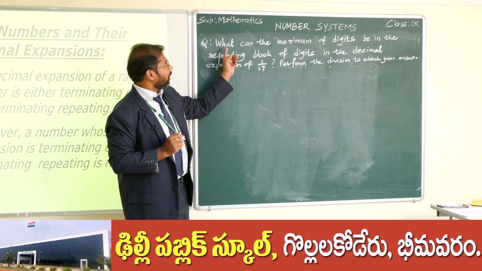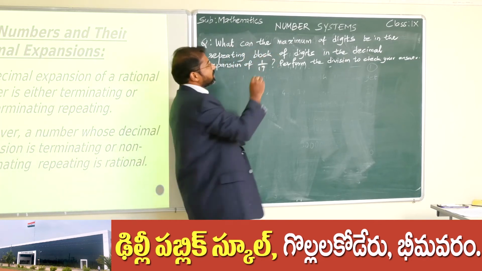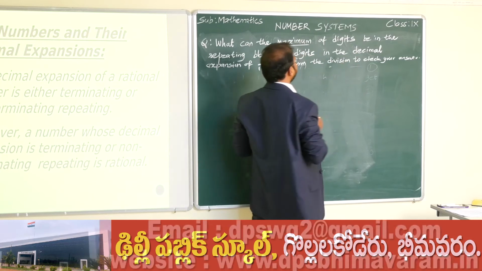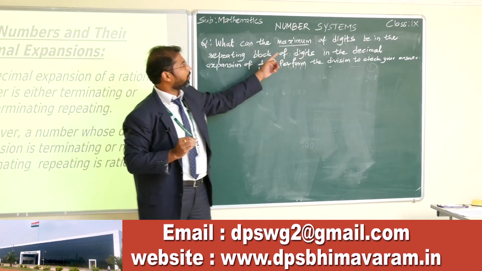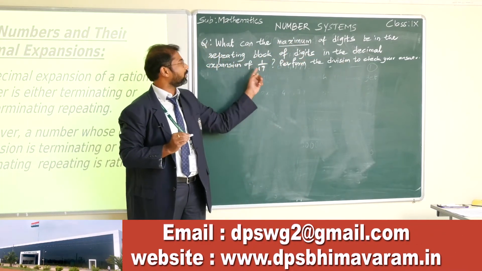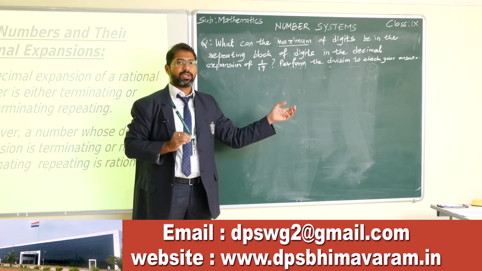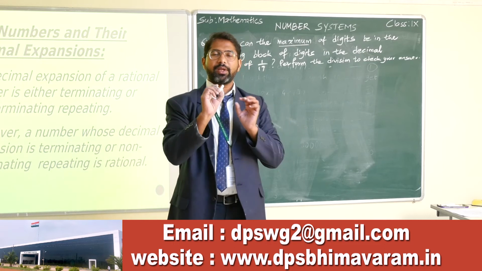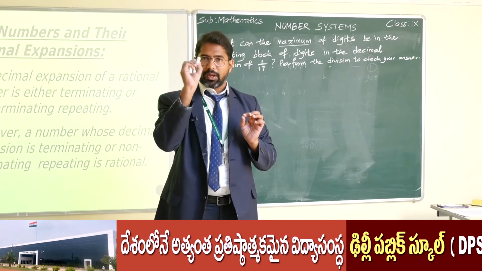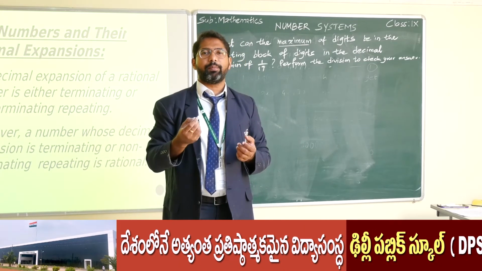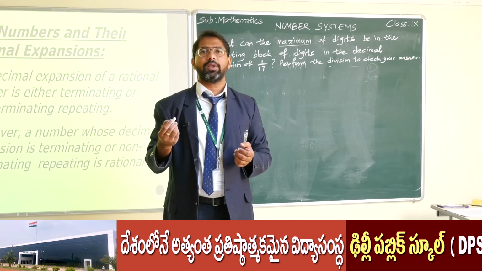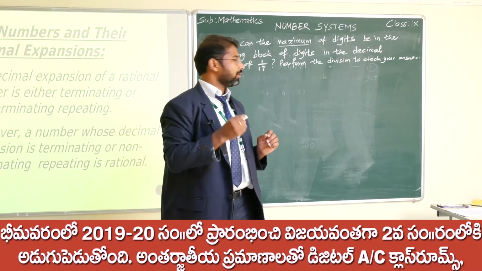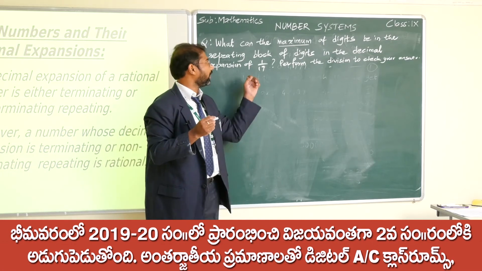Now, what can the maximum number of digits be in the repeating block of digits in the decimal expansion of 1 by 17? If you see in previous examples, in the repeating part, either one digit will repeat or 2 or 3, but that you can decide by looking at the denominator.